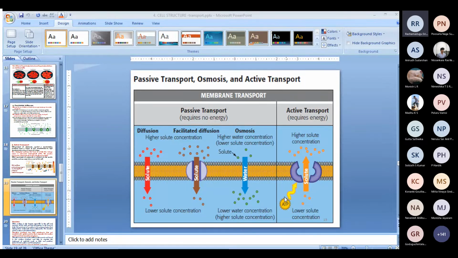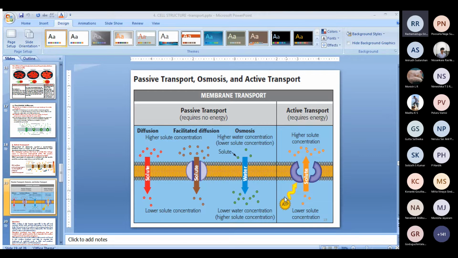Apart from that, even in active transport there are two types: primary transport and secondary transport. Primary transport means whatever we have seen. Secondary means it takes energy from the primary and makes another kind of transport happen. All those things are not needed for you. This much if you know, it is sufficient.